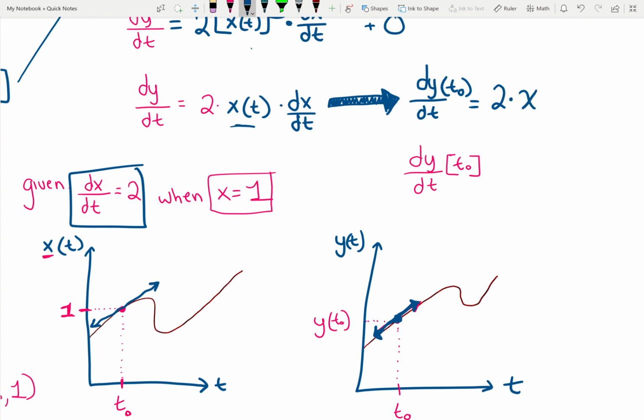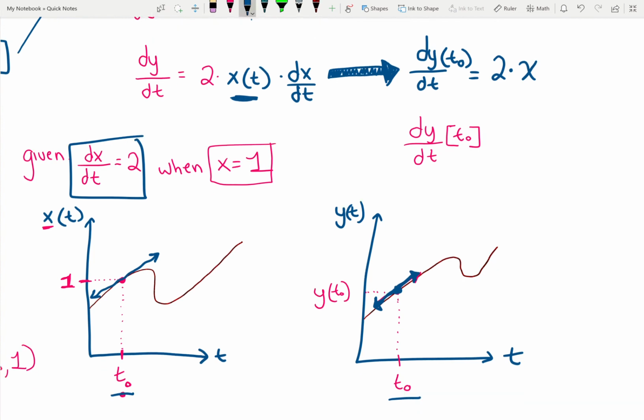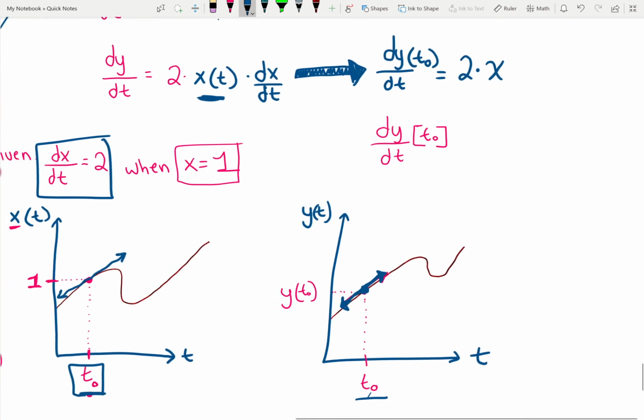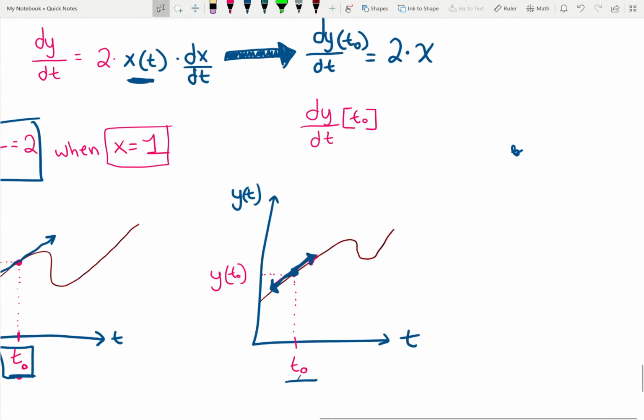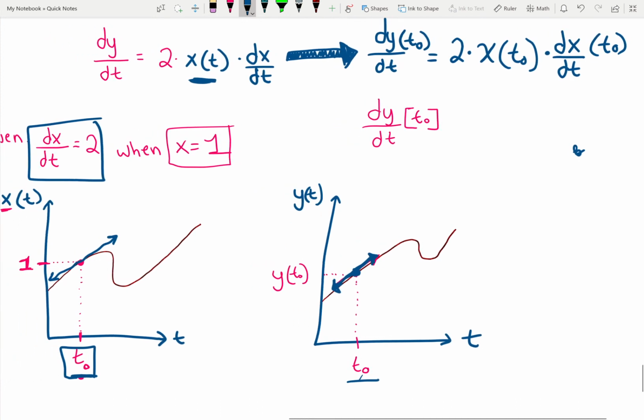We're picking a certain x. We're saying x of t naught, because we picked a specific point, times dx/dt, the slope of the tangent at that point.